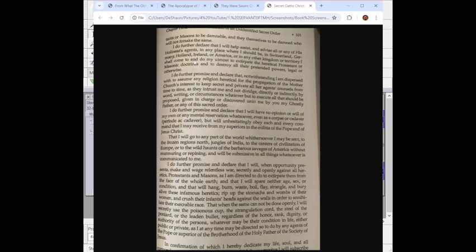I shall come to and do my utmost to extirpate the heretical Protestant or the Messianic doctrines, and to destroy all their pretended powers, legal or otherwise.